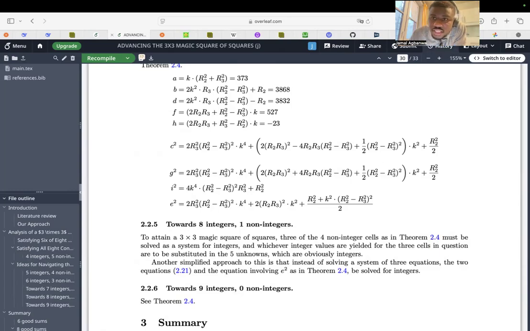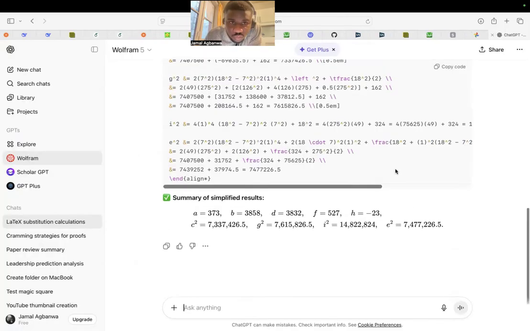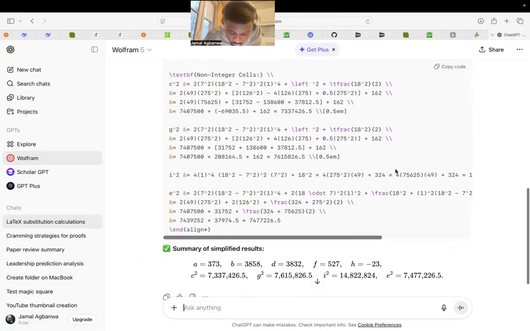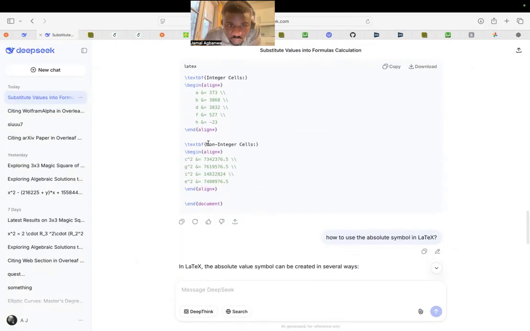Okay, let's see what ChatGPT gave as an answer like that. What formula did it give for C? Okay, it's even wrong. Who even takes this guy seriously anyways? Okay, let's see something. 7342. Okay, this one is correct.